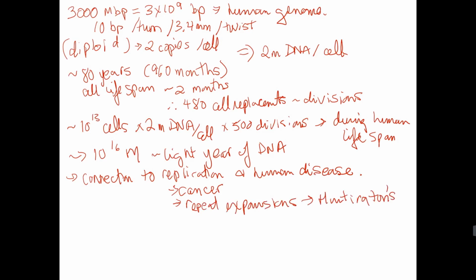Another interesting thing with respect to DNA replication that makes its study quite relevant is that it's a common therapeutic target. So again, that's another key thing, a common therapeutic target.